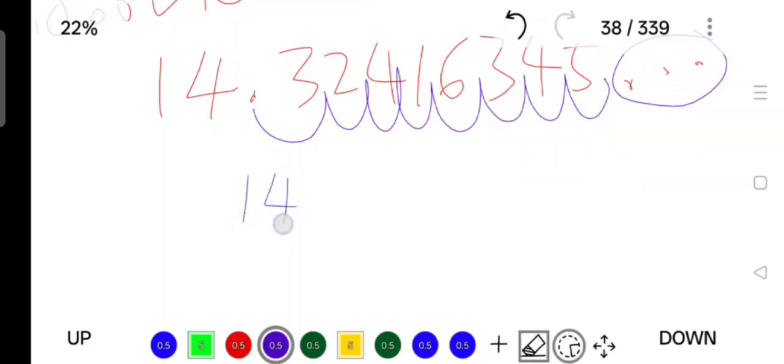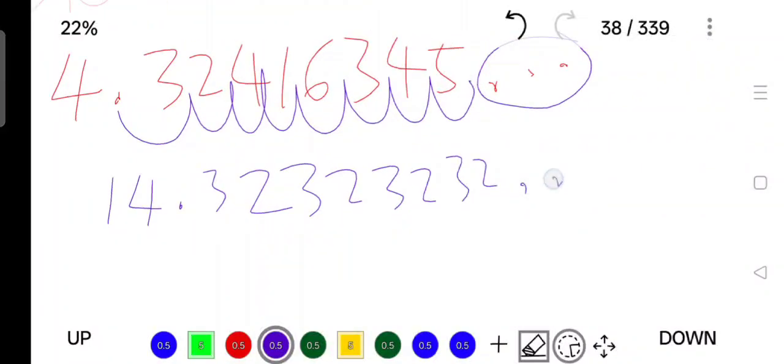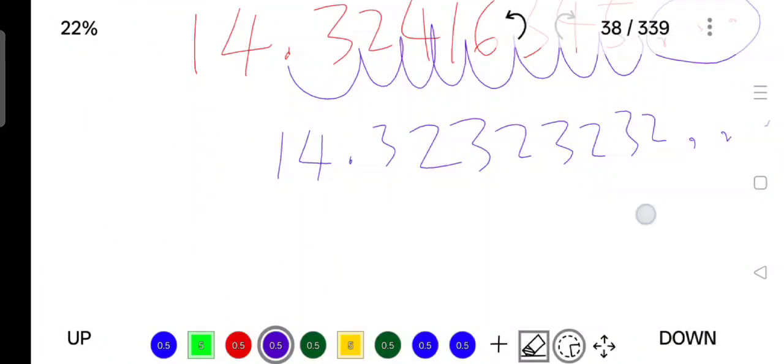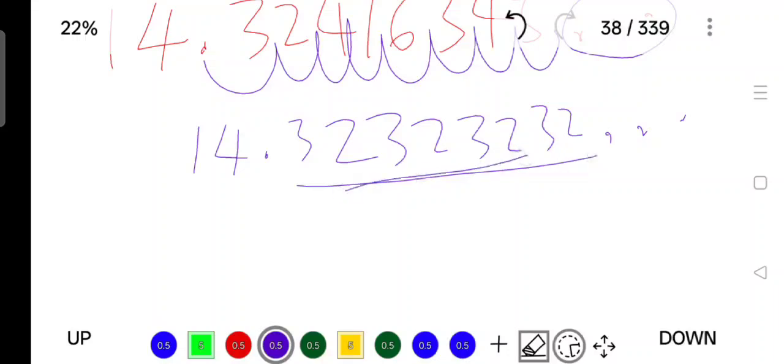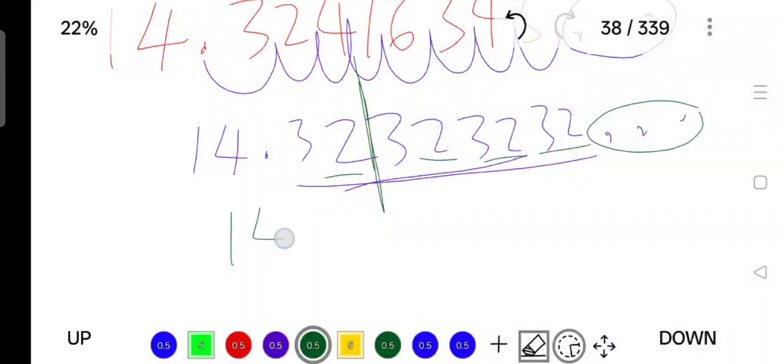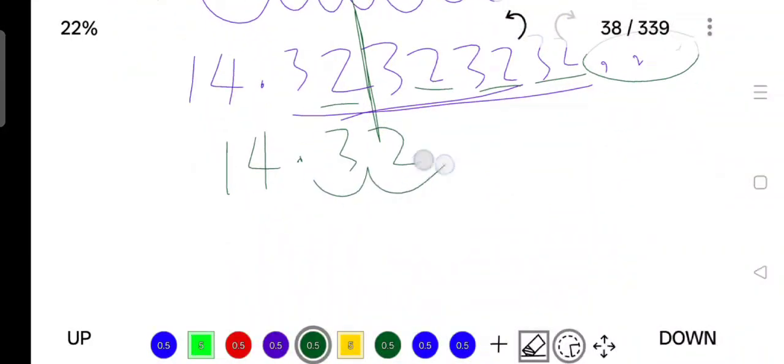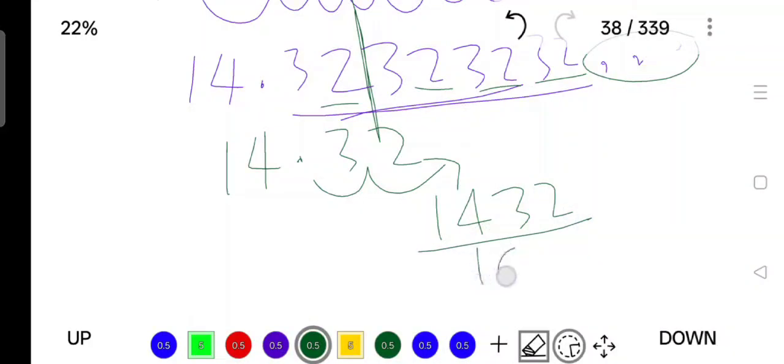However, if the number is in this form, okay, 3 2 3 2 3 2, and still got many numbers at the back, I have 3 dots. All right, because the numbers are repeating, even though there are many more numbers to come, I can predict the numbers could be the same at the back, and I could also stop the number at 2 decimal places. Okay, for example, like this, 14.32, and now I can convert this number into a fraction. 2 places we move, so 2 zeros down.